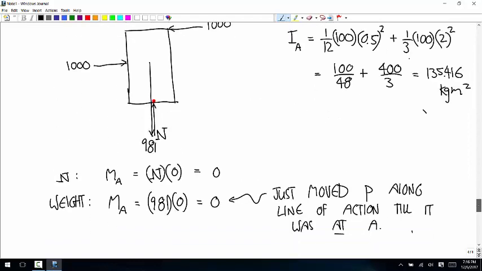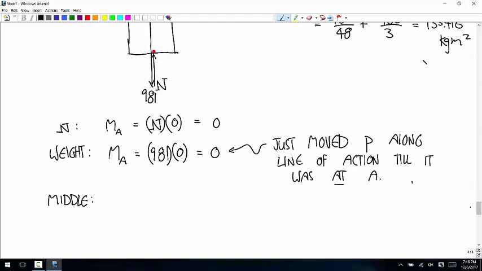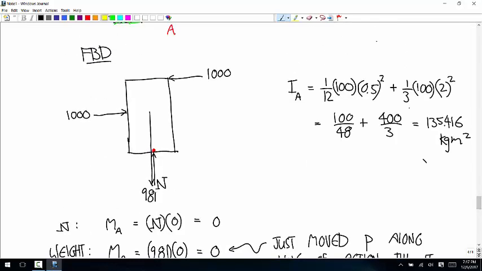Okay, and now the middle force, the force applied to the middle. We have a force of 1,000. But notice that if P was here, and this is A, the line between P and A isn't perpendicular to the 1,000.